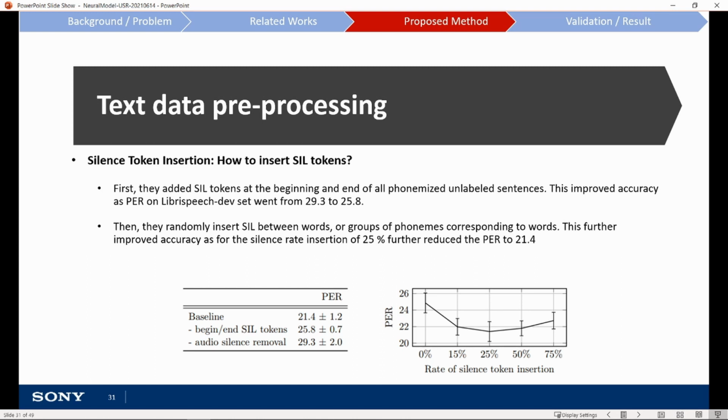Then they further experimented by randomly inserting SIL between words or groups of phonemes corresponding to words, and they varied the rate of silence token insertion from 0 to 75%, and they saw that it works best for 25%, for which the phoneme error rate further reduced from 25 to 21. So they used 25% as the rate of silence token insertion for all other experiments.